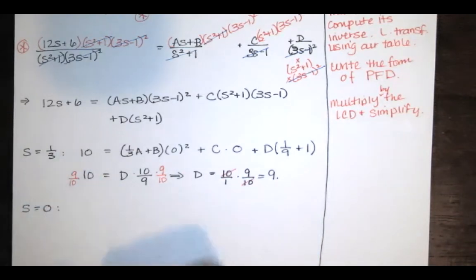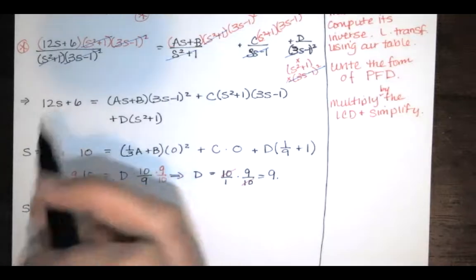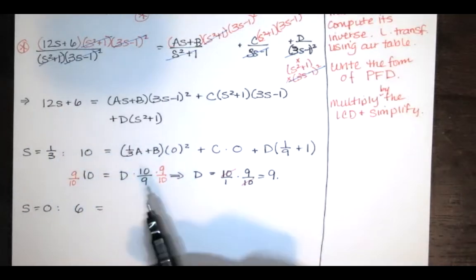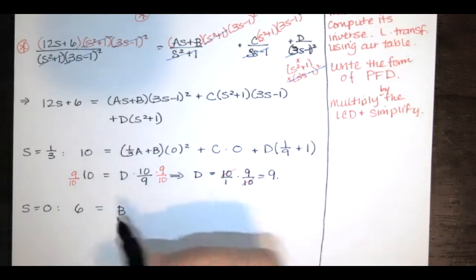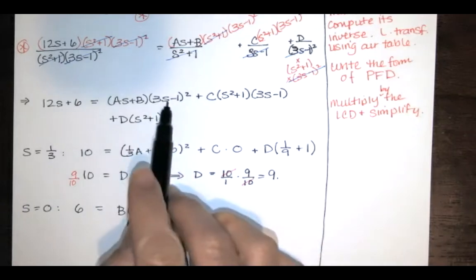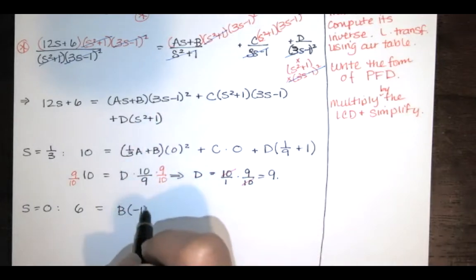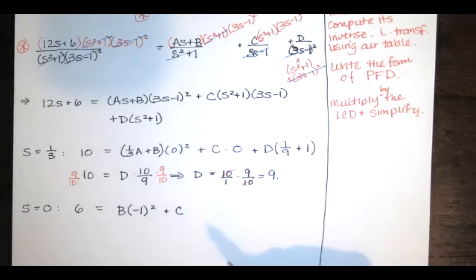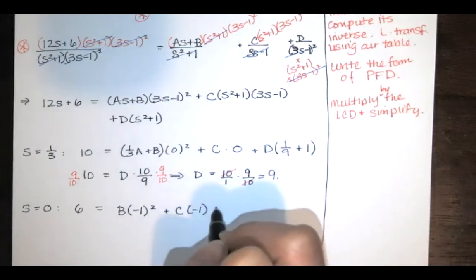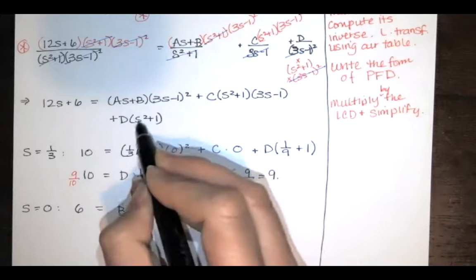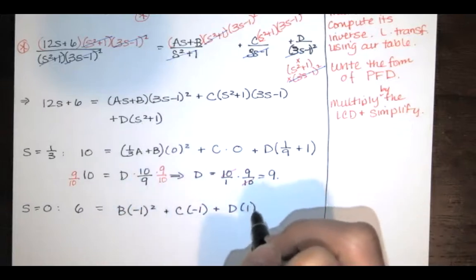So I'll choose S equals 0. When S equals 0, the left-hand side is 6. This is A times 0 plus B, so it's going to be B times 0 minus 1, which is -1 squared, plus C times 1 times -1, plus D times 0 squared plus 1, which is 1.